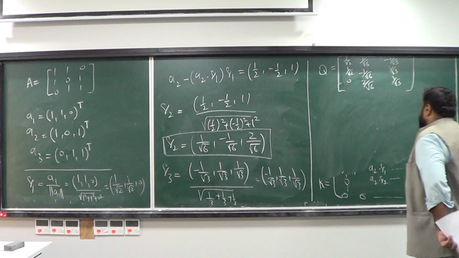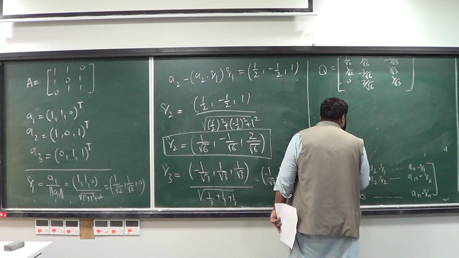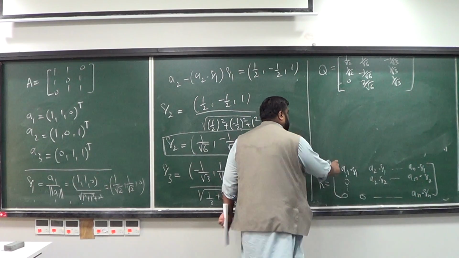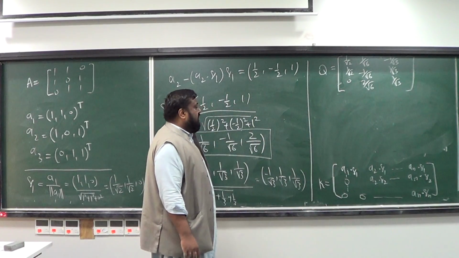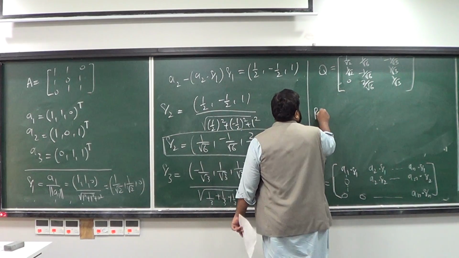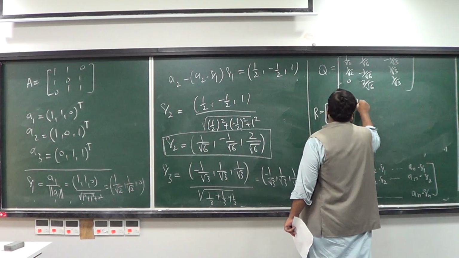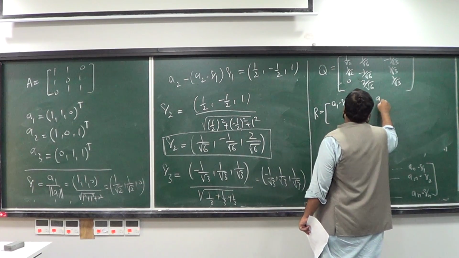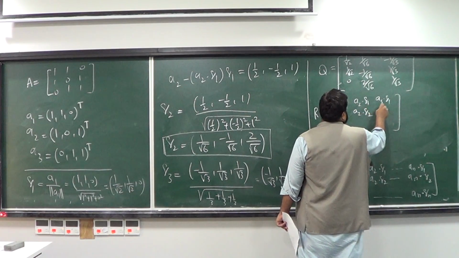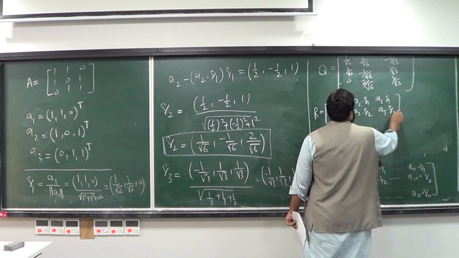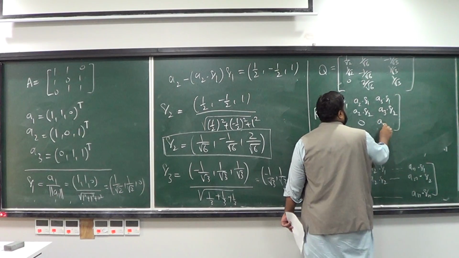Now, as is evident from this, you have the vectors A's and Q's. So our matrix R in this case is going to be A1 dot Q1, A2 dot Q1, A3 dot Q1; 0, A2 dot Q2, A3 dot Q2; and 0, 0, A3 dot Q3.